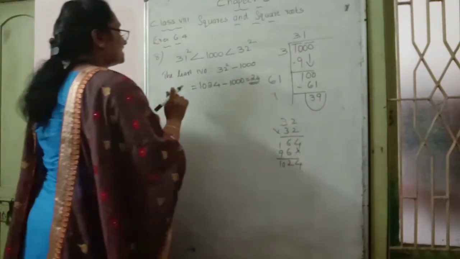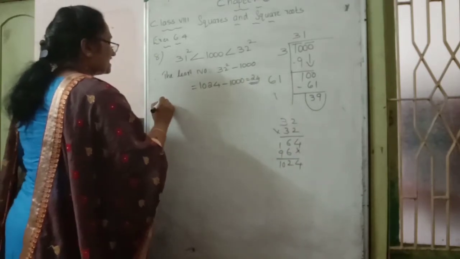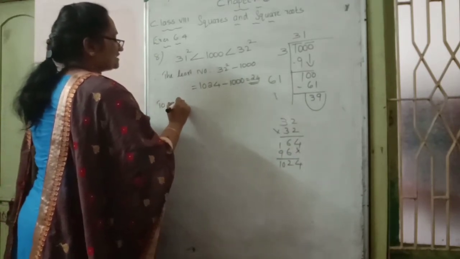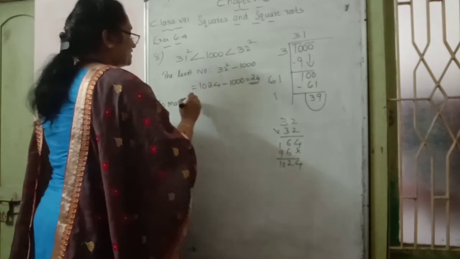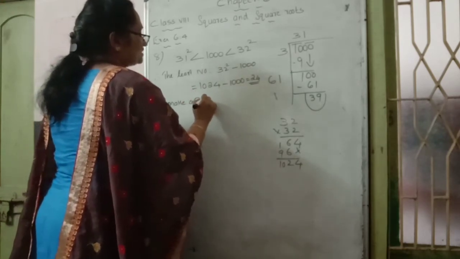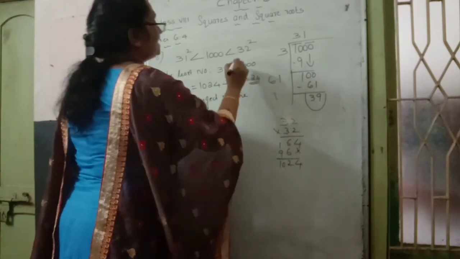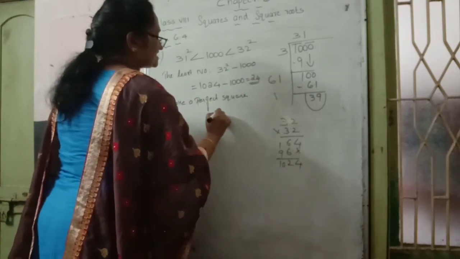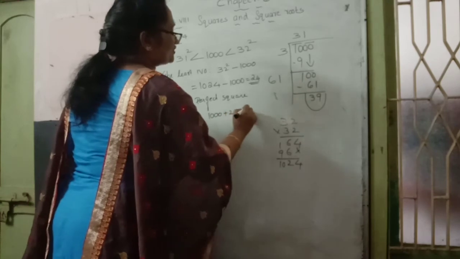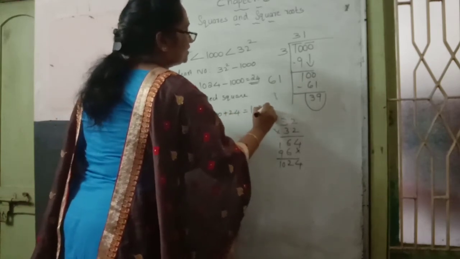So that's why, to make a perfect square, our number 1,000 is added with 24. So we get 1,024.